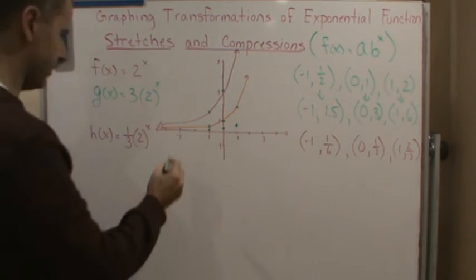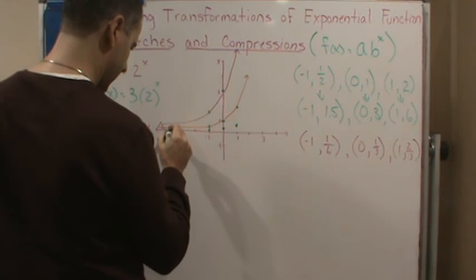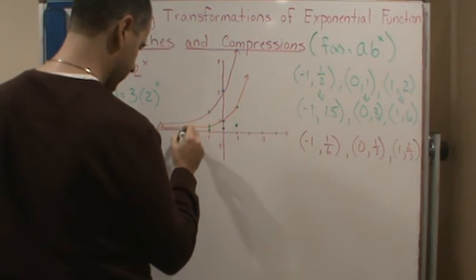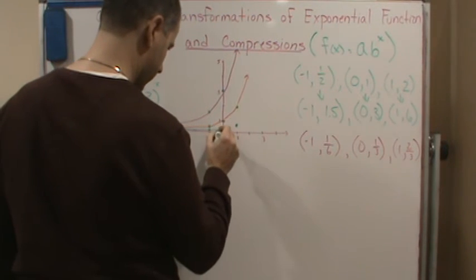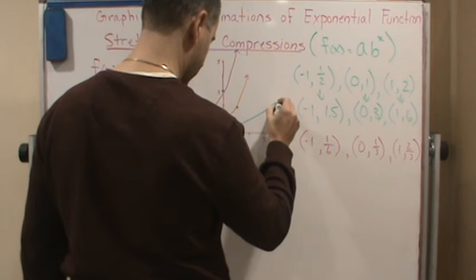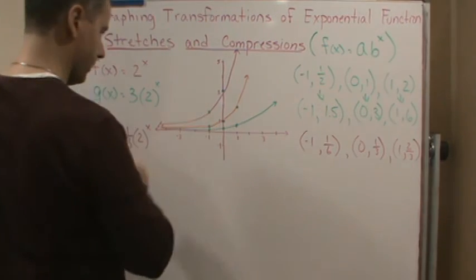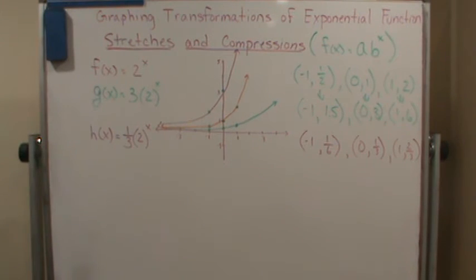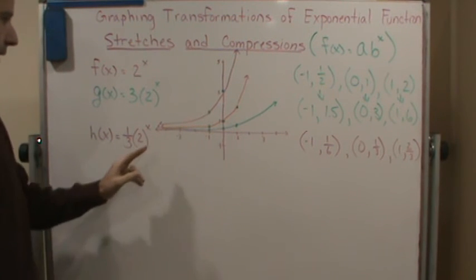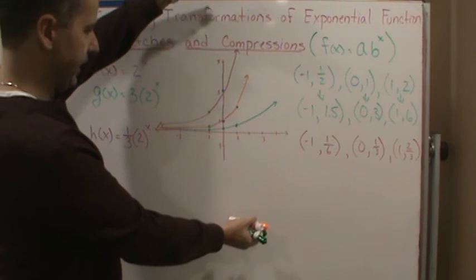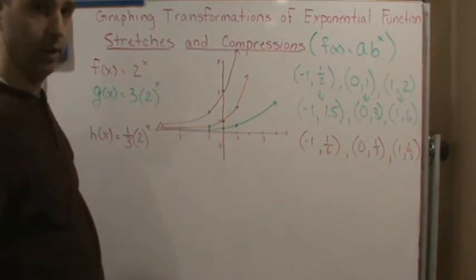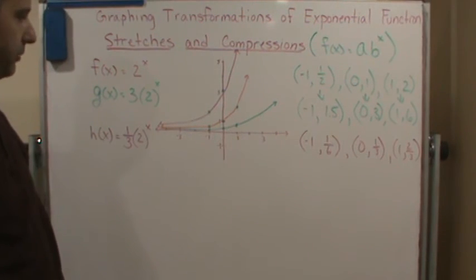And so this is going to look something like this. So when you multiplied by 1/3, it took f of x and compressed it down closer to the x-axis.